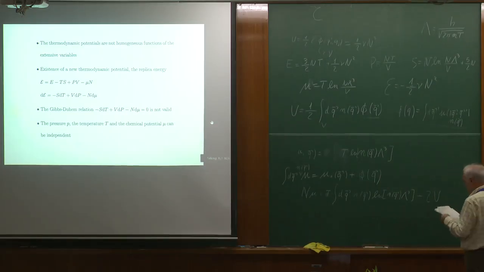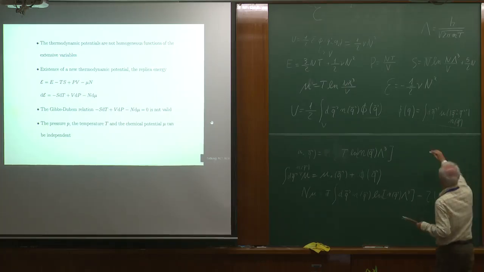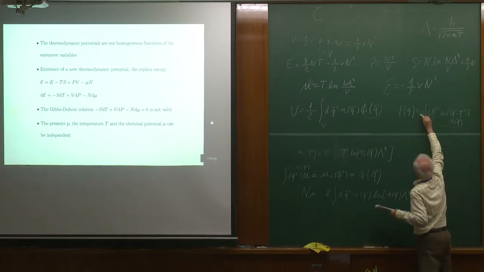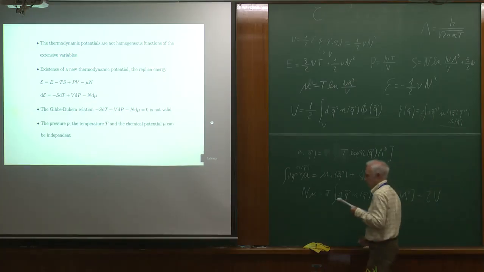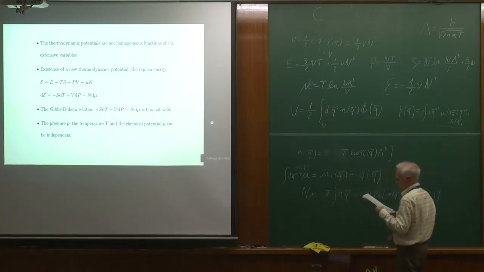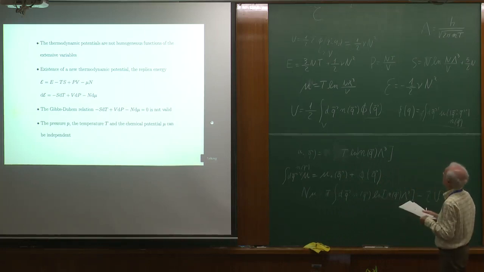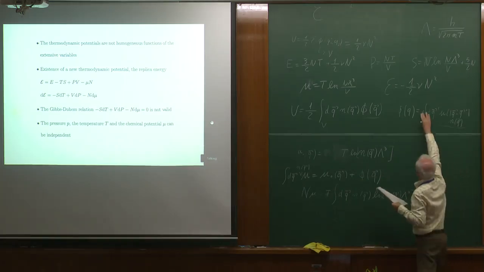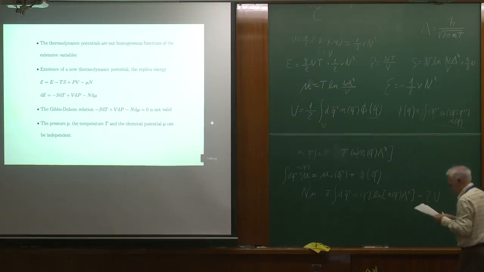Yeah, there was a 1/2. No, I don't think you already have 1/2 in the definition of U. You had 1/2 in there. Yes. Therefore, I don't see where I get the 2.